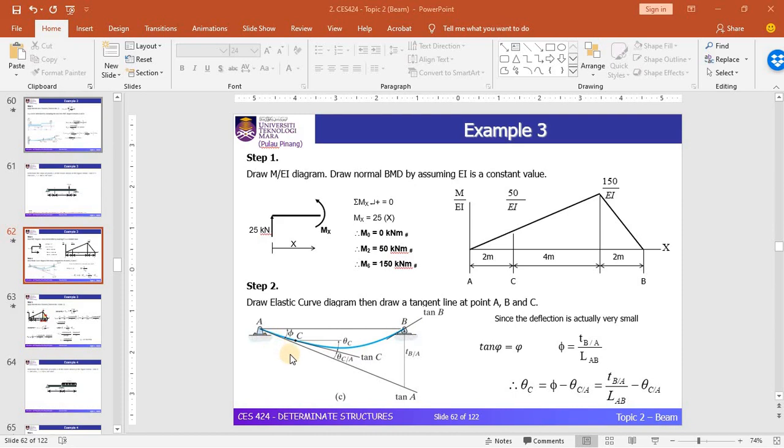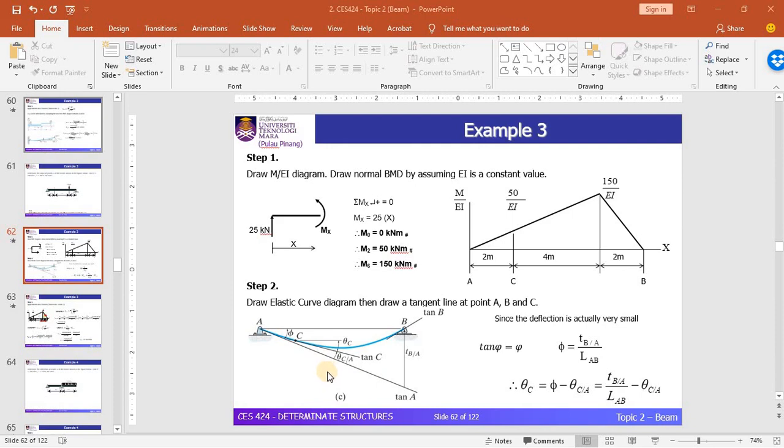Since this is about the slope at point C, the tangent line at C must be drawn as you can see in this diagram. The other two tangent lines you can draw are the tangent line at support A and the tangent line at support B.